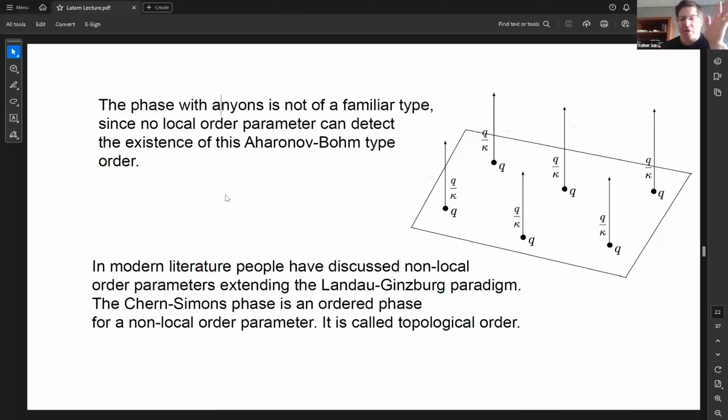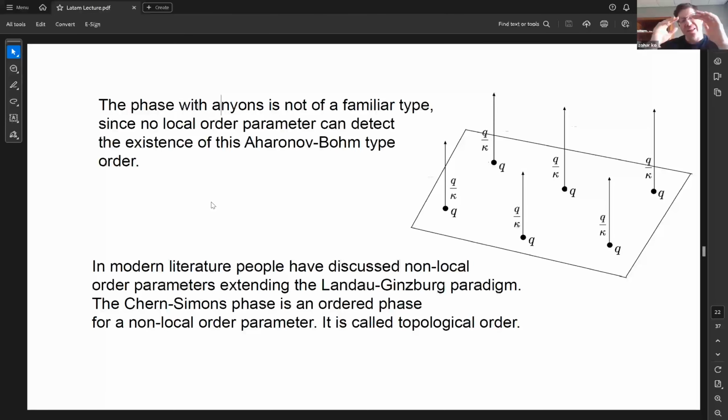On the other hand, there is no local order parameter because any classical local order parameter vanishes pretty much by definition, because the whole effect comes from this long-range Aharonov-Bohm business, which is purely quantum, and it's not measurable by any local experiment. In fact, that's why it's so useful for quantum computation, because there is no local order parameter, so the interactions with the environment cannot destroy local order. The order is very non-local.